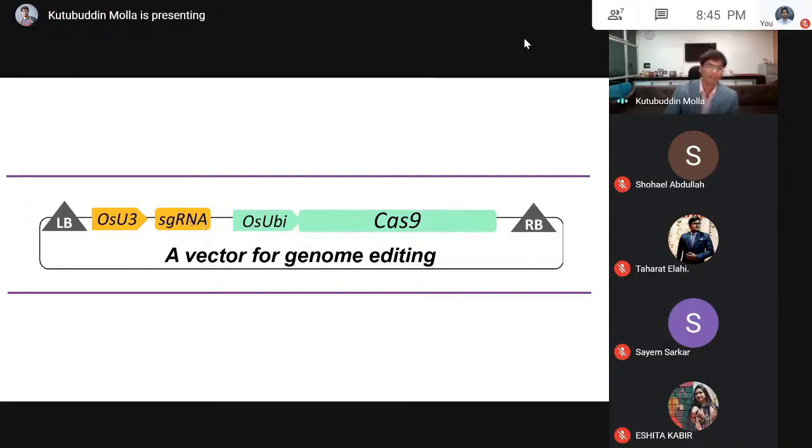Another component is the portion that will produce the single guide RNA. So you have these two components. When you insert this plasmid DNA into your cell, this portion will produce the guide RNA, and this portion will produce the Cas9 protein, and it will do the job for you.